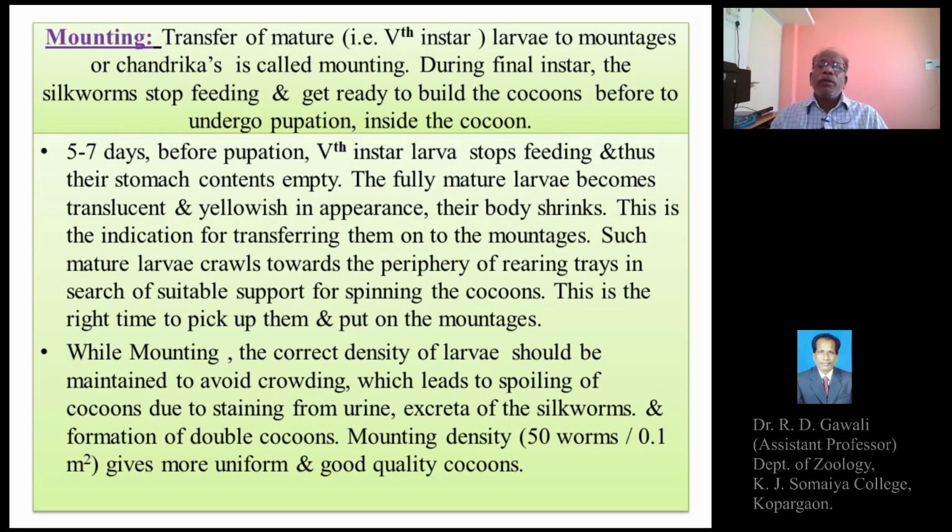After complete development, the silkworm larva is transformed into the fifth instar stage, during which it attains its maximum size, a length of up to 6 to 8 centimeters, and shows a number of changes in its structure.